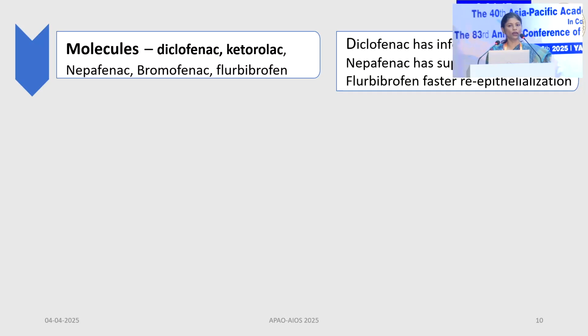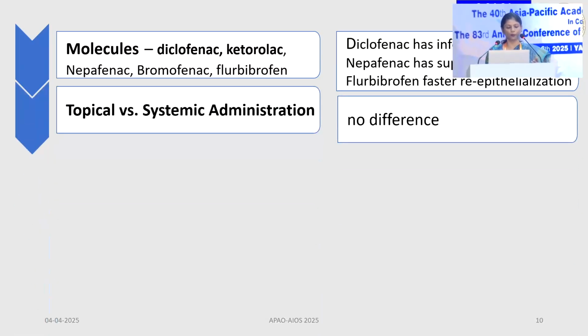Only two NSAID molecules are FDA approved, that is diclofenac and ketorolac. And diclofenac gives inferior analgesia in comparison to nepafenac, and there is only one molecule which doesn't delay the epithelialization, that is flurbiprofen. If we compare topical and systemic administration of NSAID, then there is no difference.